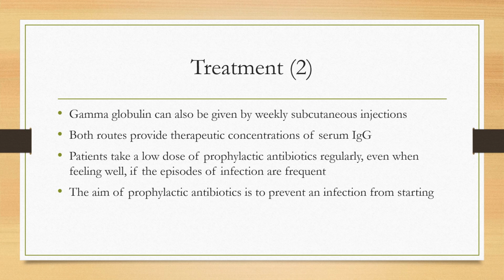And then there are physicians who understand that someone with this disease, their immune system is going to need a little help, so they will give them a low dose of an antibiotic in addition to the serum IgG or the IVIG, so that they can prevent infection and feel well, or have an easier time if they do become infected with something. The aim of prophylactic antibodies is to prevent an infection from starting, because they have such a difficult time battling it.